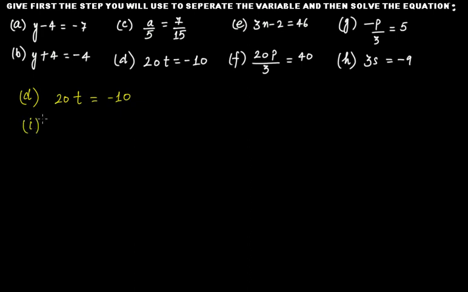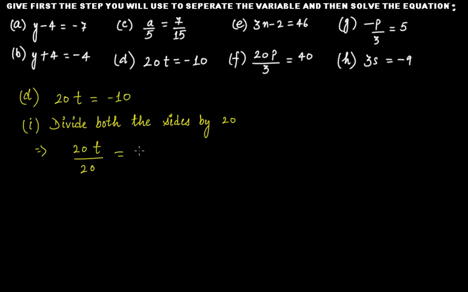So the first step will be divide both the sides by 20. So this will give you 20 t divided by 20 equals to minus 10 divided by 20.